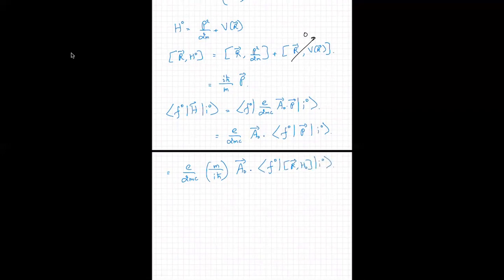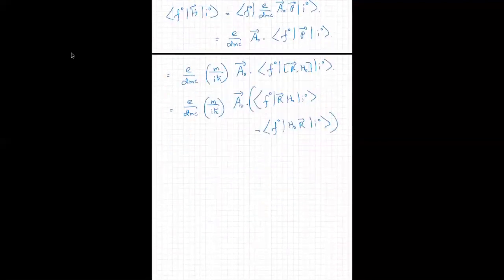Remember that H0 is the unperturbed Hamiltonian, and F0 and I0 are the stationary states, which are the eigenstates of the unperturbed Hamiltonian. So what is this equal to? This is e over 2mc A0 dot, let's expand this commutator out: r H0 I0 minus H0 r I0. And H0 is a Hermitian operator.